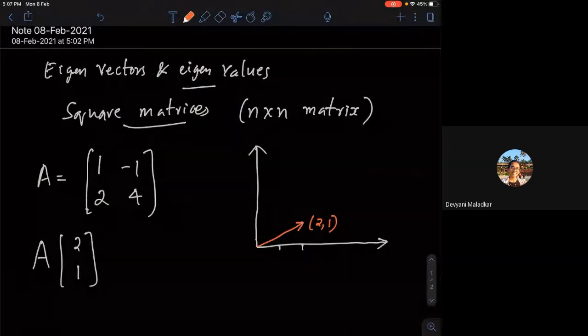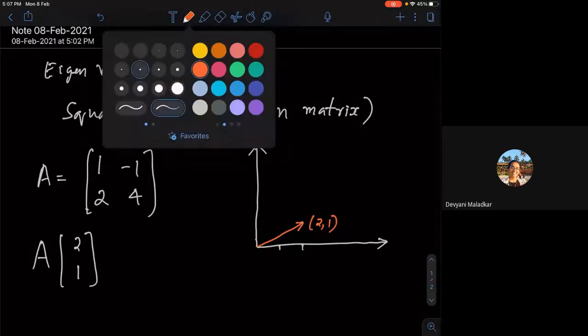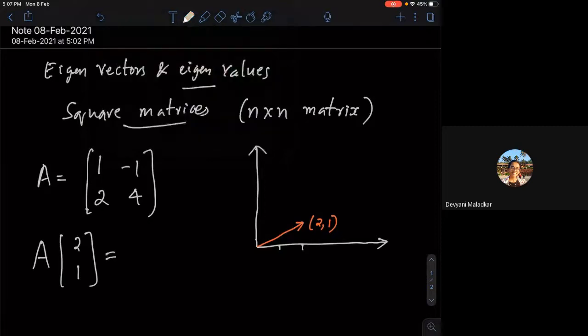So if I multiply A times 2, 1, what do you get? Someone can tell me the answer.